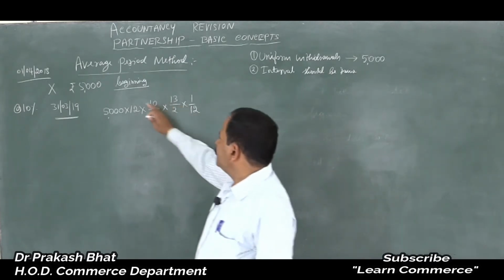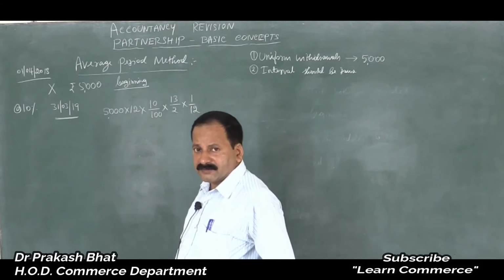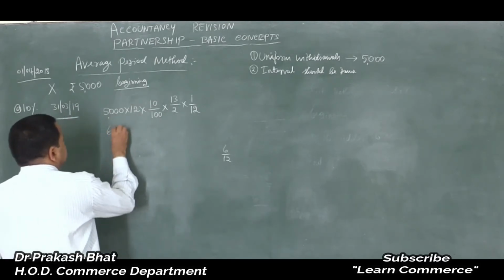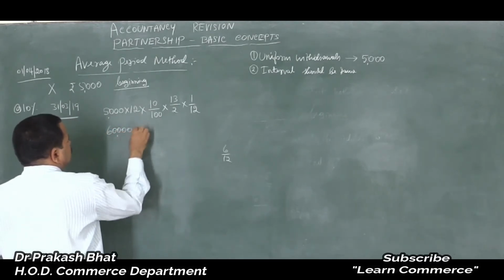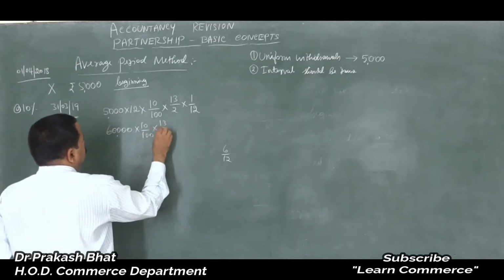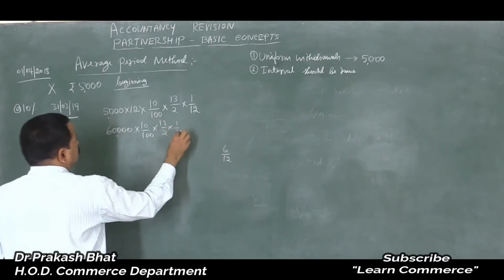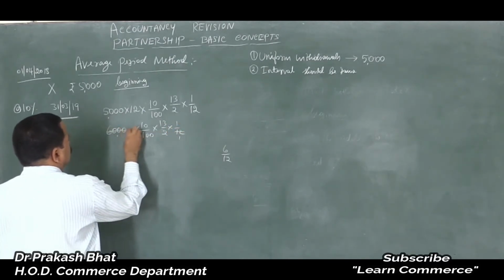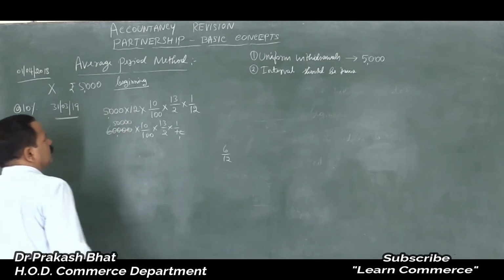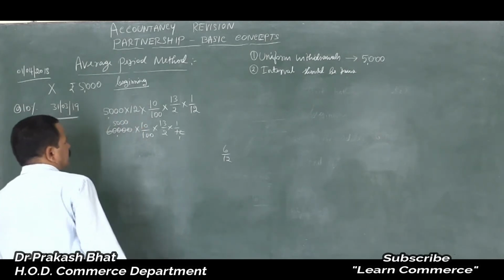Otherwise, straight away 10 by 100 into 6.5. You have a calculator, no problem. Now simplify this, you will get the answer. That is 60,000 into 10 by 100 into 13 by 2 into 1 by 12. 12 ones are 12, 5s are 5,000.